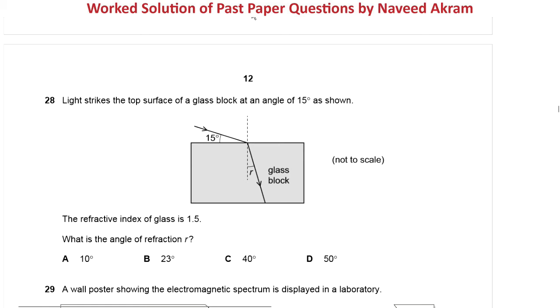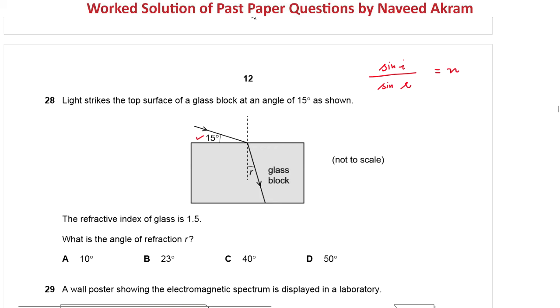The light ray is passing from air to glass. So sine of I divided by sine of R will be equal to refractive index of glass. Now 15 degree is not the angle of incidence because angle of incidence is the angle between the ray and the normal to the surface.